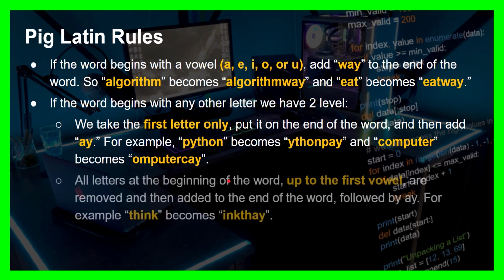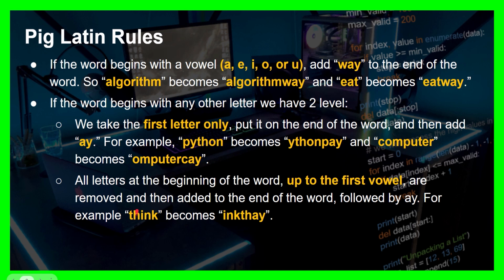Now the second level, and the harder level, is going to be taking all letters at the beginning of a word up to the first vowel and removing them, and then adding them to the end of the word followed by "ay". So for example, think starts with a T, but it does not have a vowel right after it.